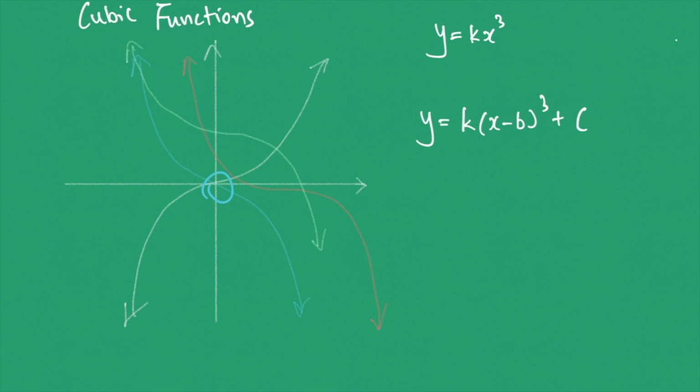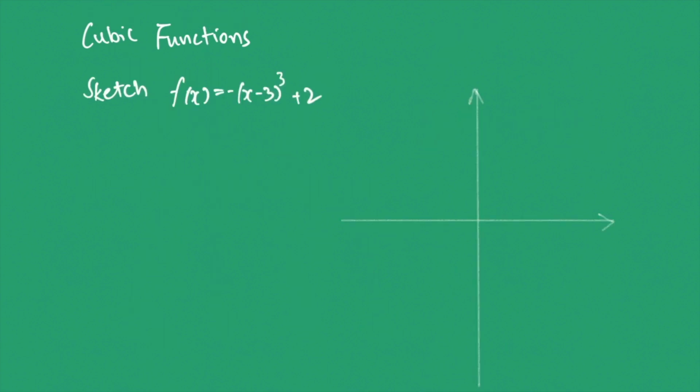Now let me show you one example. Sketch the function y equals negative (x minus 3) cubed plus 2. Now let's take out the formula: y equals k(x minus b) cubed plus c.